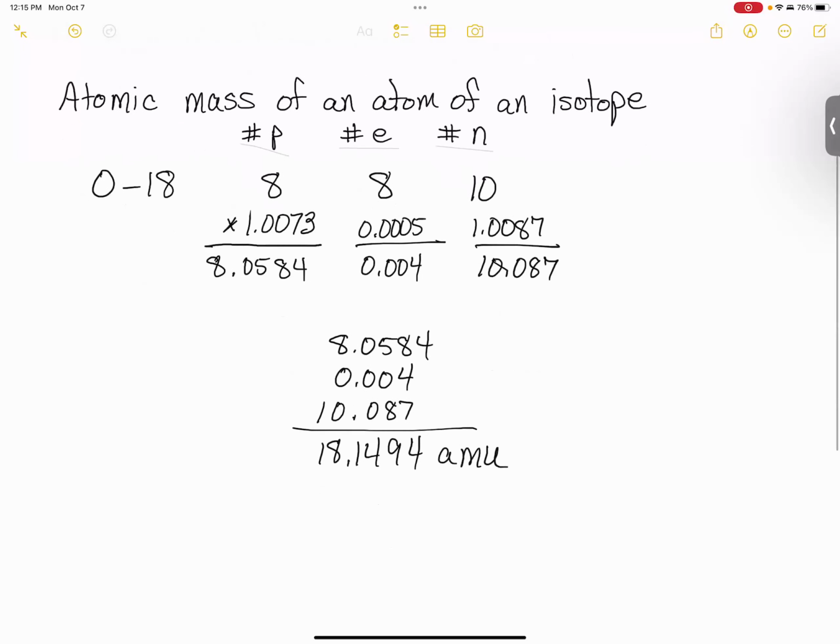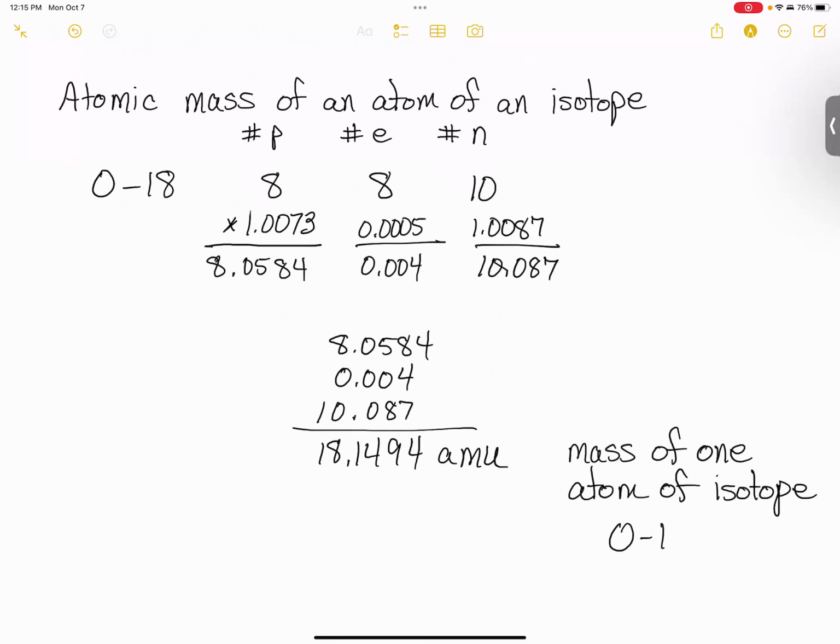This is the mass of one atom of isotope oxygen-18.